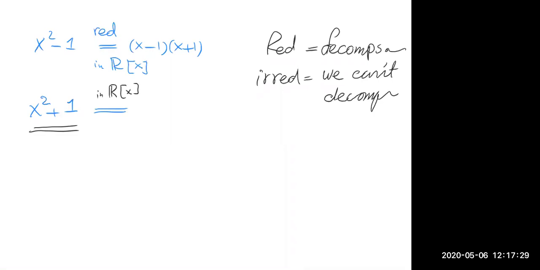Yes, you're right. We can't do it in R[x]. In R[x], there is no way to simplify this thing as multiplication of two other polynomials, because it doesn't have any roots in R. But what about in C? Can we decompose it in C?